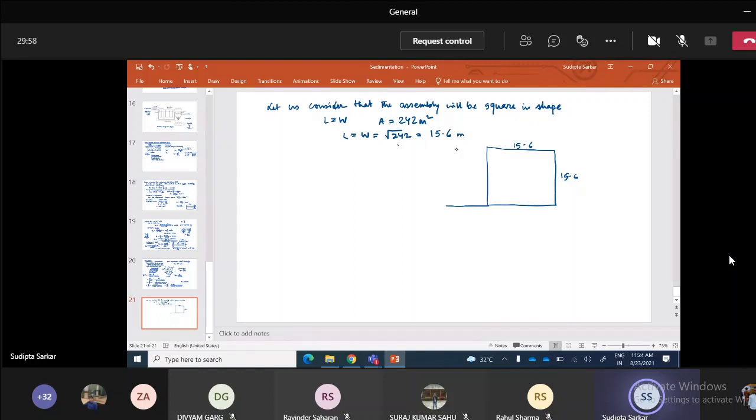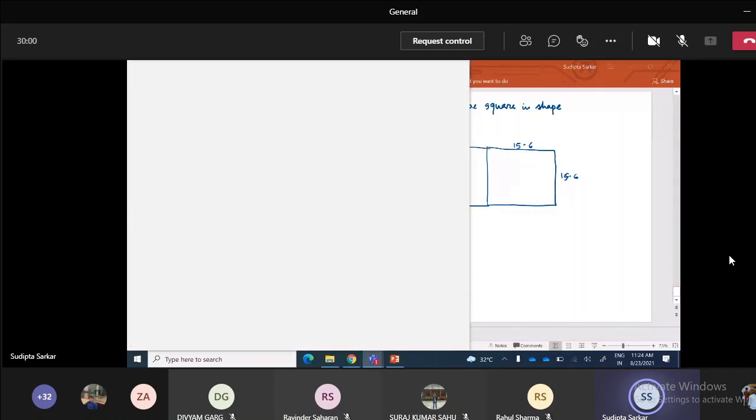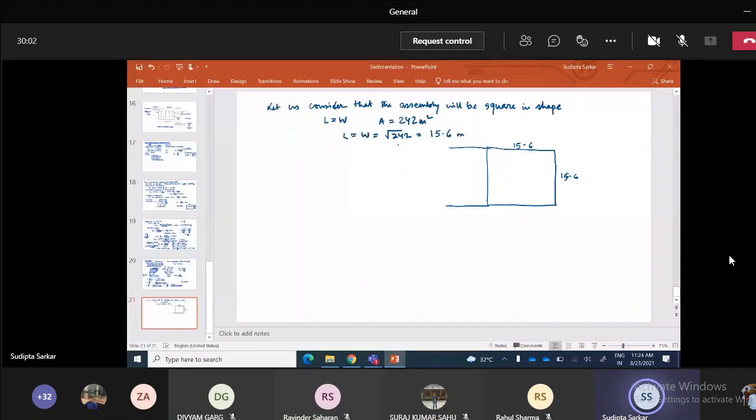So this is 25% extra space, and this is 15.6 meter. So what you get is 21 meter as the total length of this tank.